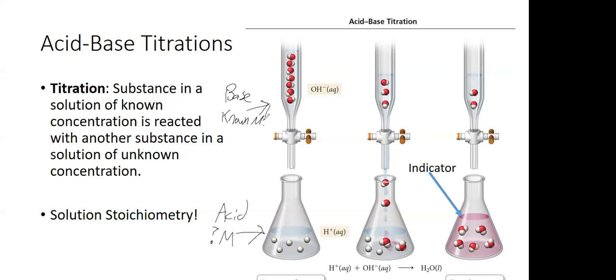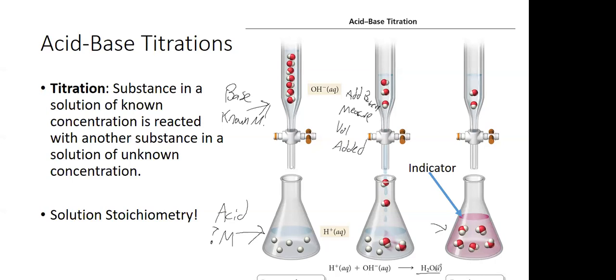And what you would do is add base. Measure how much you add. So measure volume added. And you're going to add base until all of the acid in the solution has been made into water. And how would you know all your acid has been made into water? You use an indicator, right?